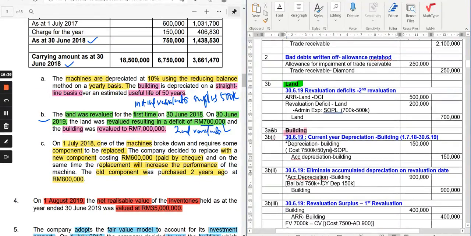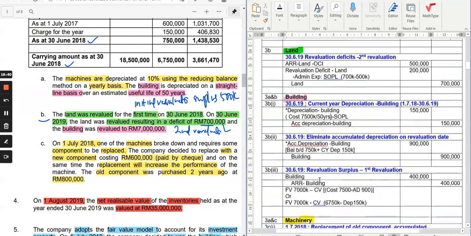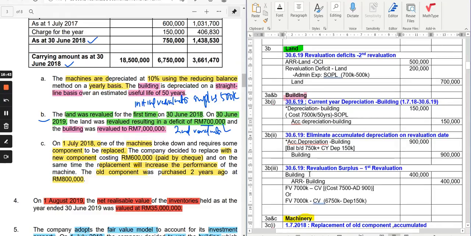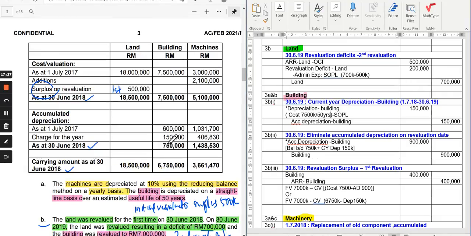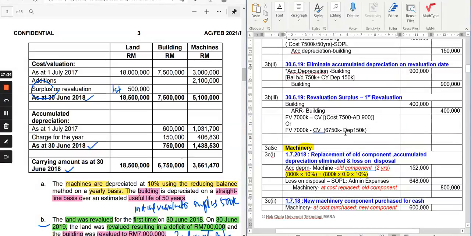Next is that you are going to do the revaluation. Yeah, you need to go and eliminate the depreciation of the building before the revaluation. So for the revaluation that is now revalued at 7 million, the accumulated 750,000 will have to be eliminated, and that has to be added with the depreciation for the current year. So therefore that depreciation will have to be eliminated.